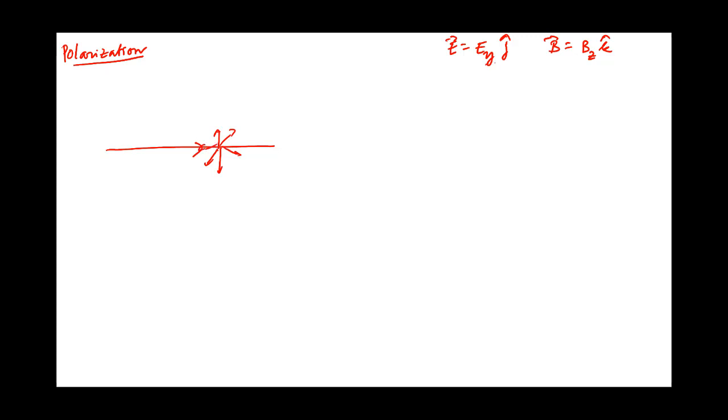It is not just along the y-axis, but along all directions. Such light, where you have the electric field oscillating along different directions without any preferred direction, is what we call unpolarized light.